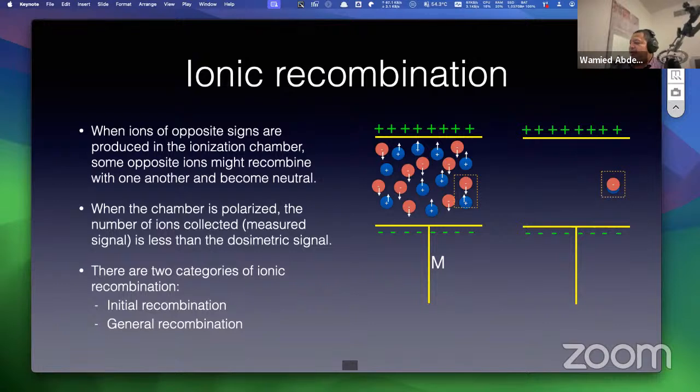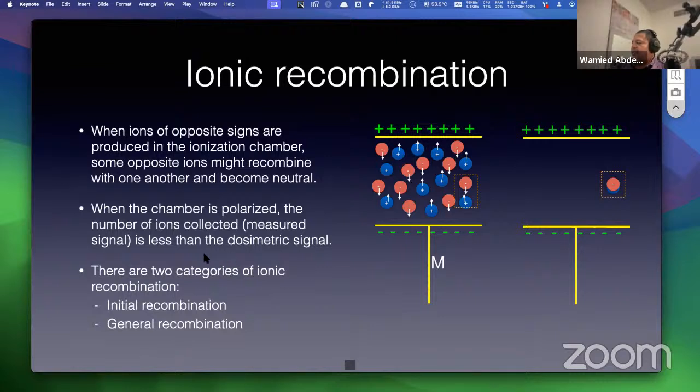So because of ionic recombination, we are going to lose some of the charges produced in the cavity because these charges have combined with one another. And this will essentially result in the measured signal being less than the dosimetric signal, or the charges produced in the chamber cavity.